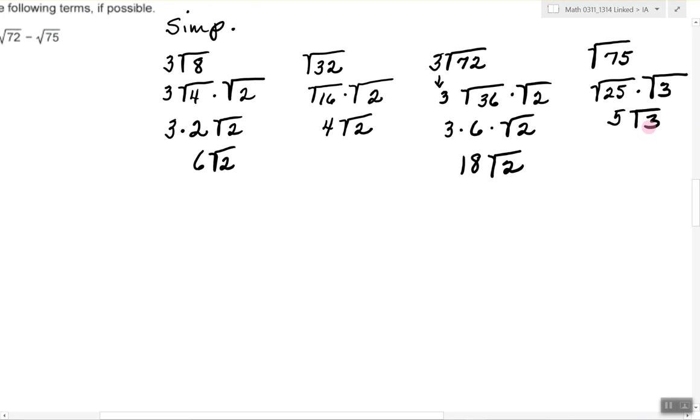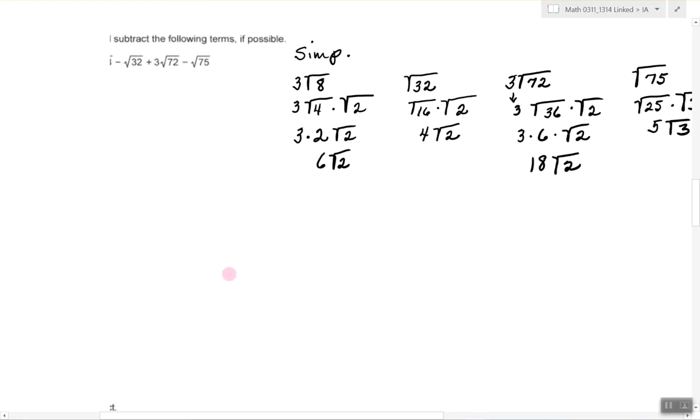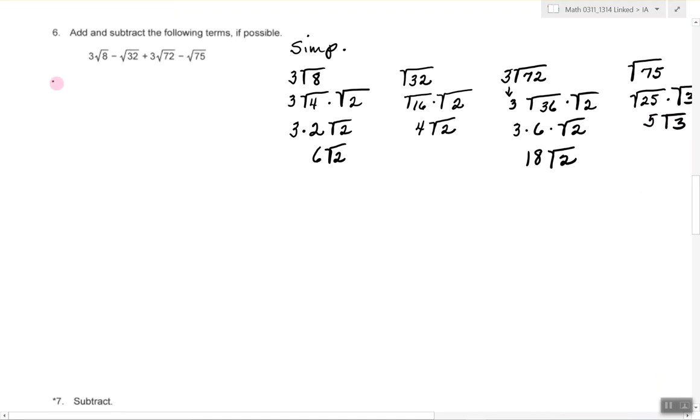Now let me see if I can bring each of these back. There we go. This is equal to, I have 6 times the square root of 2, subtract 4 times the square root of 2, add 18 times the square root of 2, minus 5 times the square root of 3.